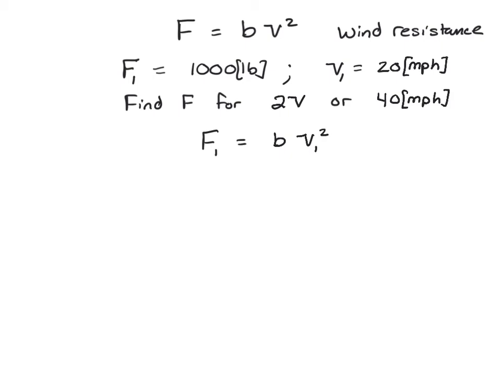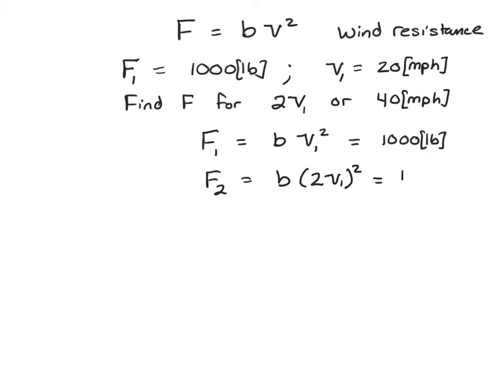So if I plug in that 20 miles per hour, I know I'm going to get 1,000 pounds. That's what F1 is. So if I now double it, so I'm going to put in twice V1, that will be my F2. So that's going to be B times twice V1 squared.